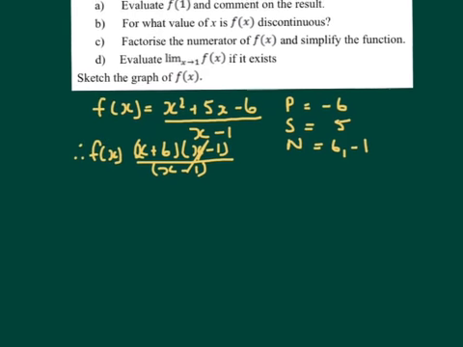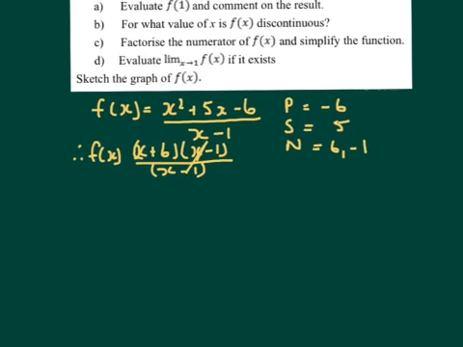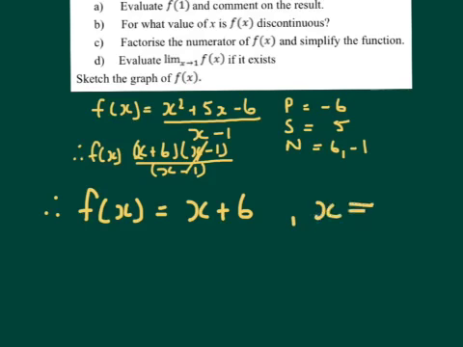Okay, so that means our function can be simplified to quite simply just x plus 6. But we do have to note that x cannot equal 1. And it cannot equal 1 for the reasons we saw in the previous section. The denominator equals 0 in the unsimplified version of the function.